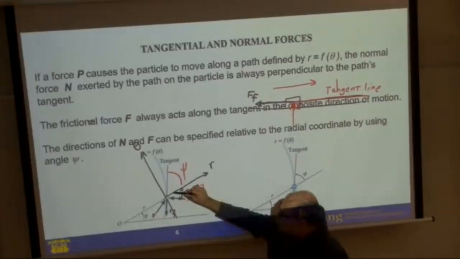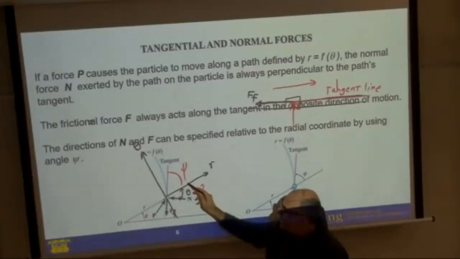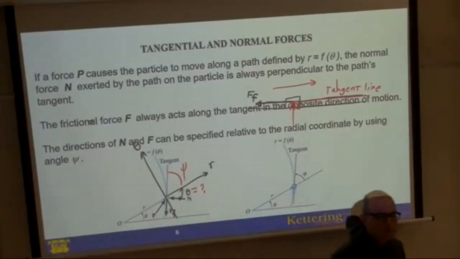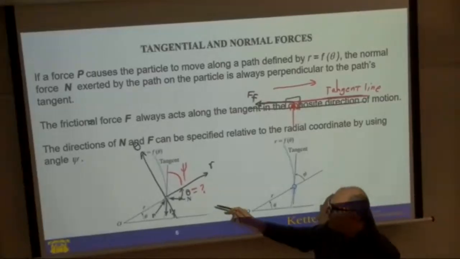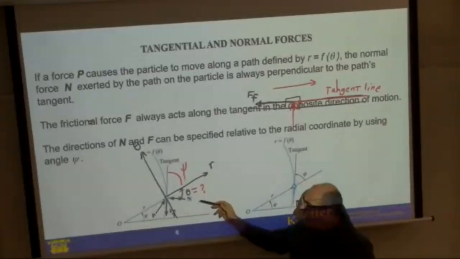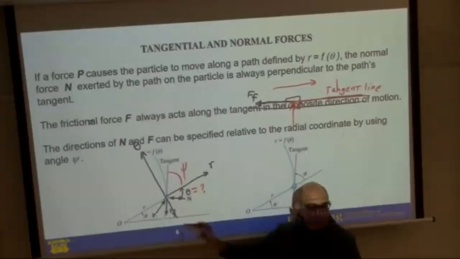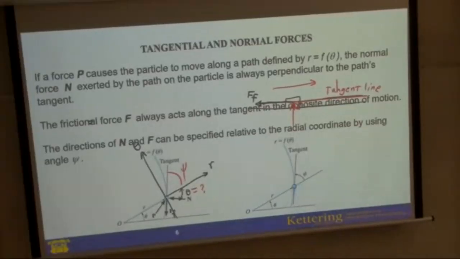Because the normal force N is perpendicular to the tangent line, this angle will be 90 minus psi. This is the reason we need to find psi. If I have psi, I can find theta. I can find the component of the normal force along r and theta, and the component of the frictional force along r and theta. You need those. Why? As I mentioned, sigma F_r equals m a_r, sigma F_theta equals m a_theta.